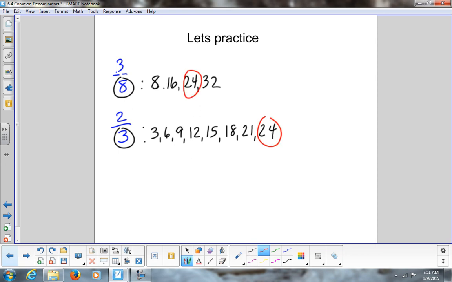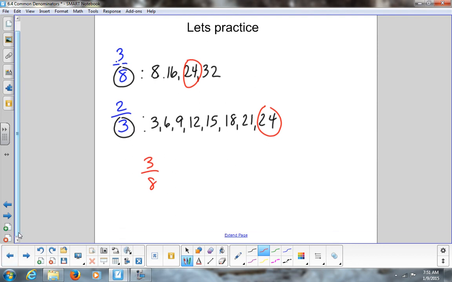Okay, so now I'm going to want to take my 3/8 and my 2/3 and make them into parts of 24. Okay, how do I get from 8 to 24? 8 times what is 24? 3.